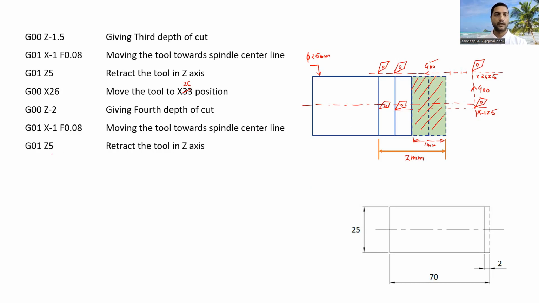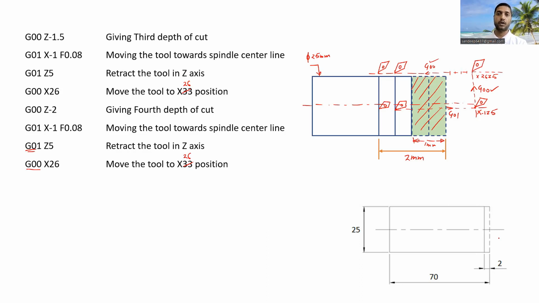Then we are retracting the tool in the Z axis back with the linear interpolation code. Then after this, we are retracting the tool at X26 location with the rapid traverse, and the tool is here right now. So till now, we have removed the 2 mm material for which we were writing our program.